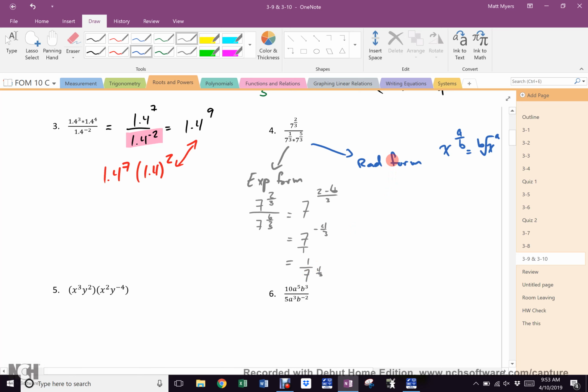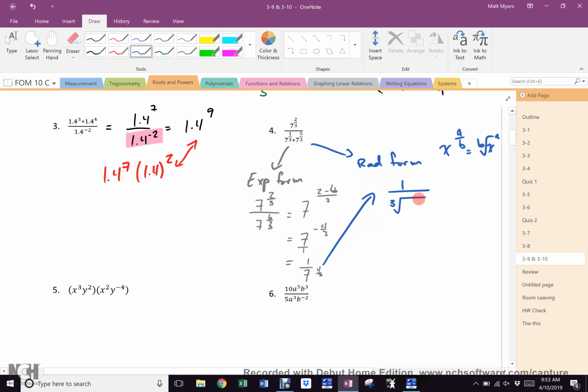Now, if I want radical form, I can change it right from here, can't I? Does the 1 change? No. What does the 7 to the 4/3 become? It's already positive. I want radical form now, what we did yesterday.